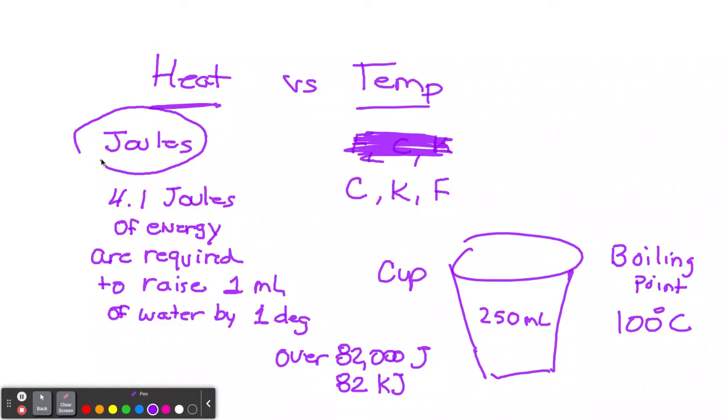So again, we measure heat in joules, but we measure temperature in Celsius, Kelvin, and Fahrenheit. So let's go over that. Last video we talked about absolute zero. Even though in the last video I said it's when all the atoms stop, it's not exactly that way.